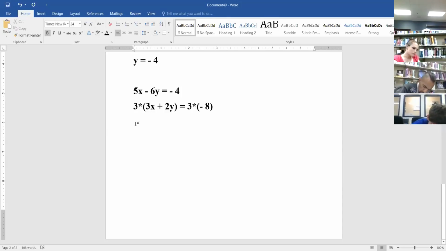So in that case, what we're going to get, obviously, is 9x plus 6y equals -24, right?